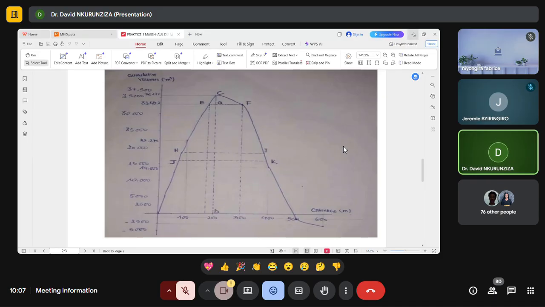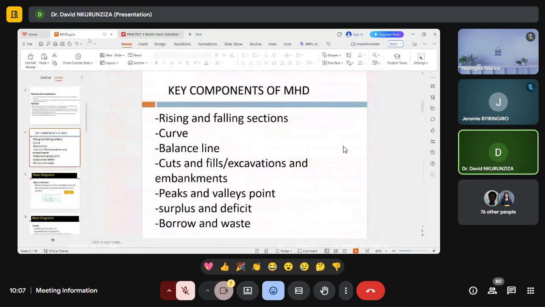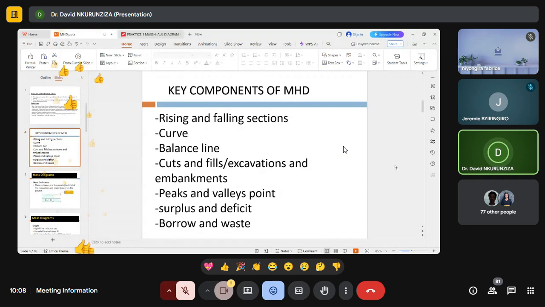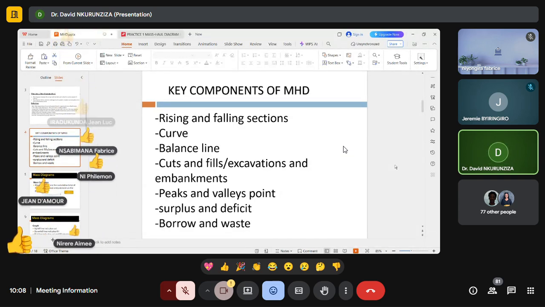Then try to understand. So let me open. Can you see the slide now? Okay, fine. Sometimes you may come back to the slide, then a student cannot see.